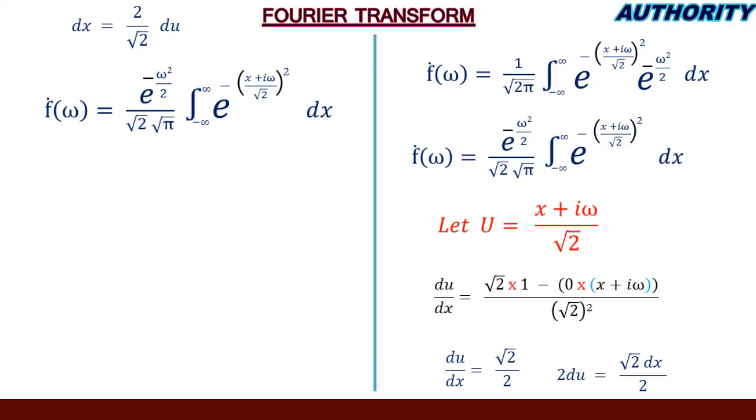This content in the bracket, we want to replace it with u. So what are we going to have? We are going to have e raised to the power of minus ω squared all over 2, all over square root of 2 times square root of pi, the integral from negative infinity to positive infinity of e raised to the power of minus u squared times 2 all over square root of 2 du.